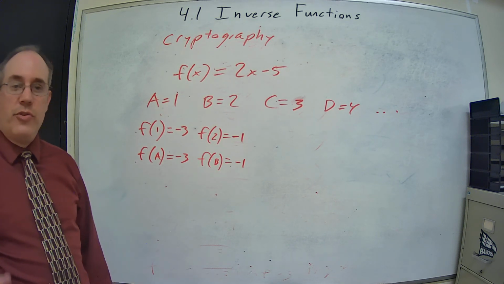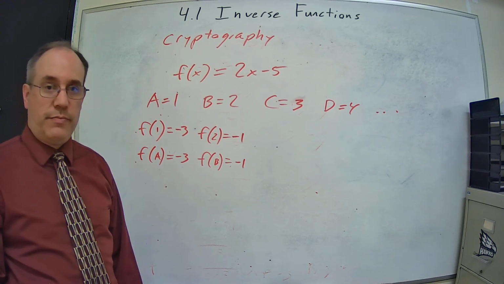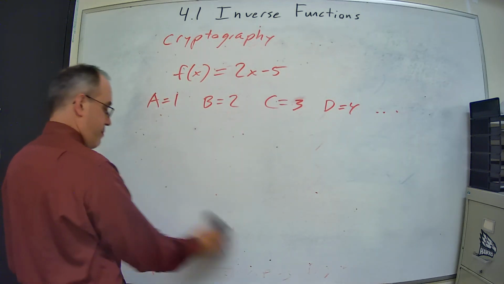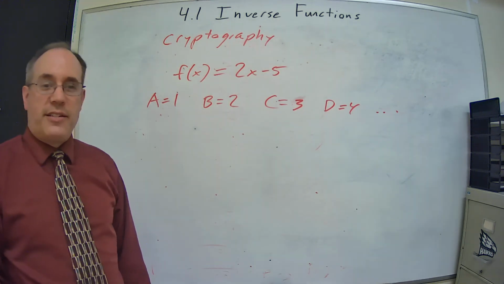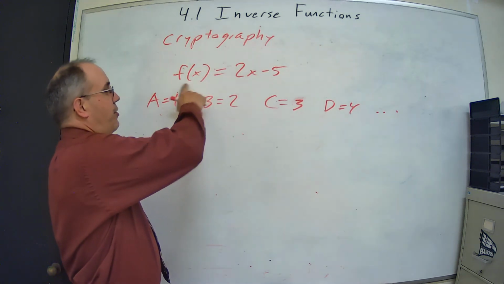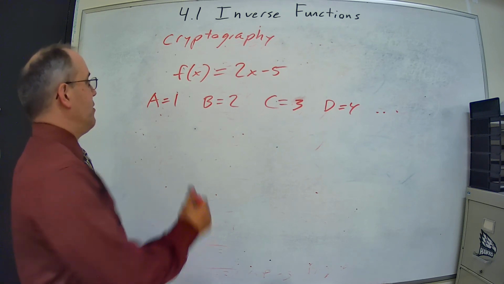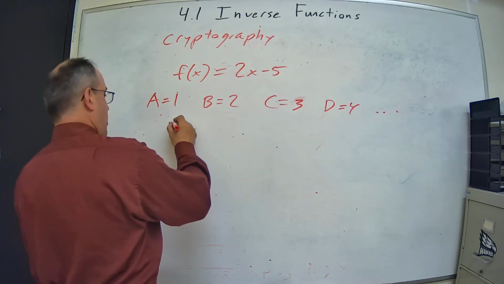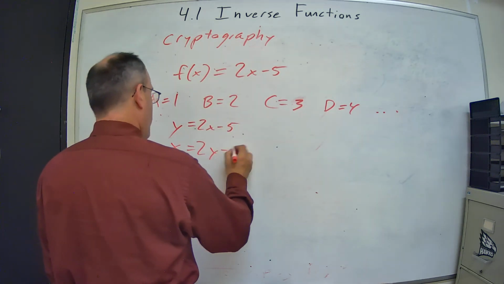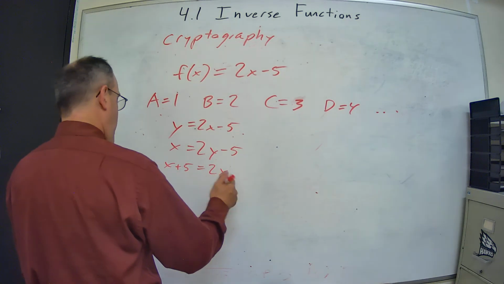The question is, when you get something like this, how do you decrypt the message? Well, you decrypt the message by having the inverse function. If you know that the function that was used to encrypt this message is 2x minus 5, then find the inverse. So that we can look at that as y equal to 2x minus 5, x equals 2y minus 5, x plus 5 is equal to 2y.